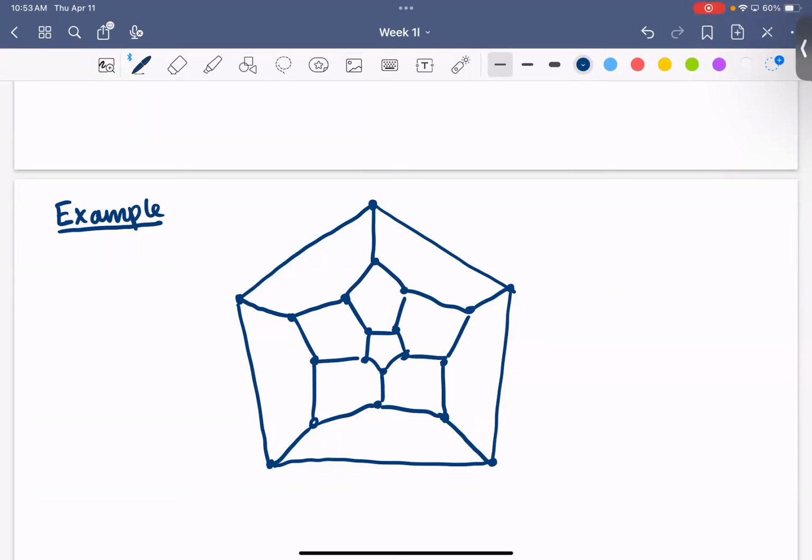Okay, so my challenge to you is to draw a Hamiltonian cycle in this graph.